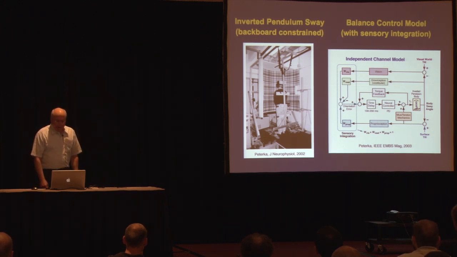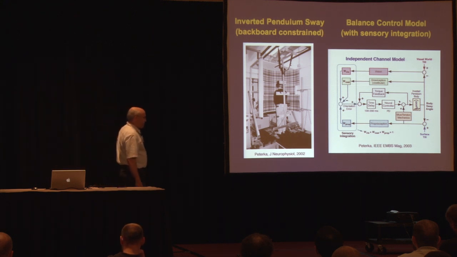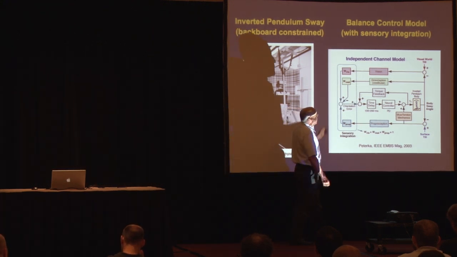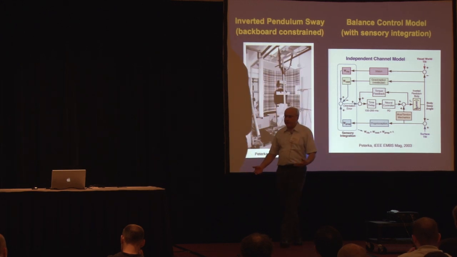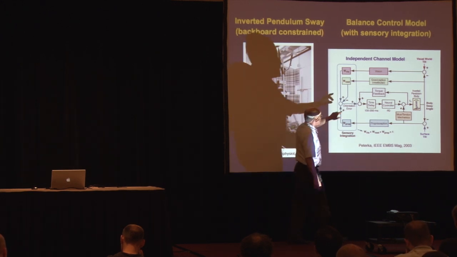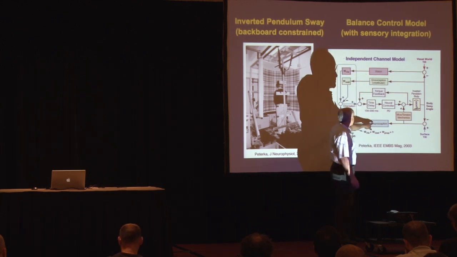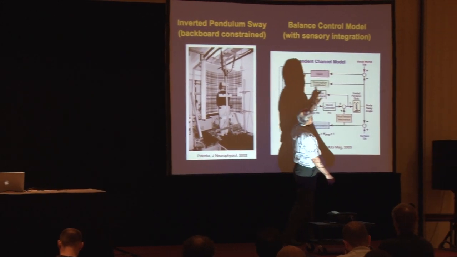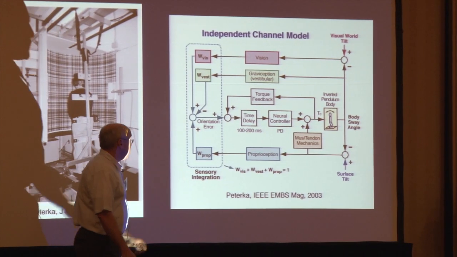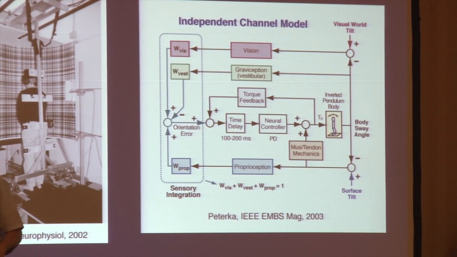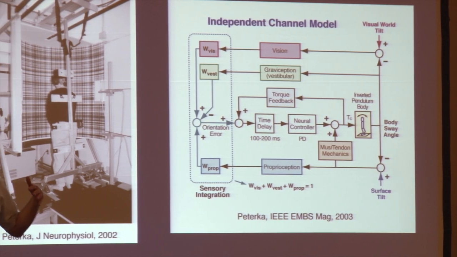So the model you've also already seen that Herman talked about, and we add the visual loop now, so the vision just comes in as a separate feedback loop, along with graviception, vestibular, and proprioception, and this torque feedback loop that Herman mentioned briefly. It's really not equivalent to the other sensory systems.